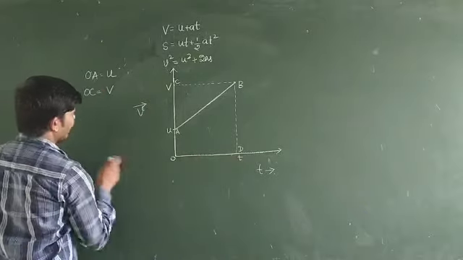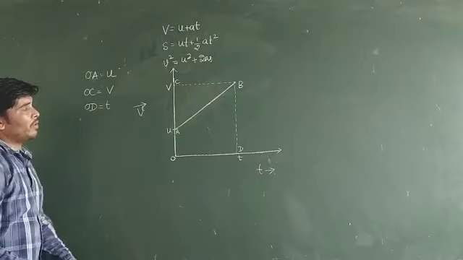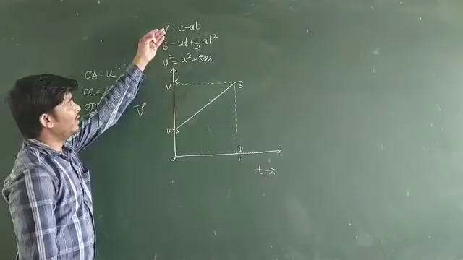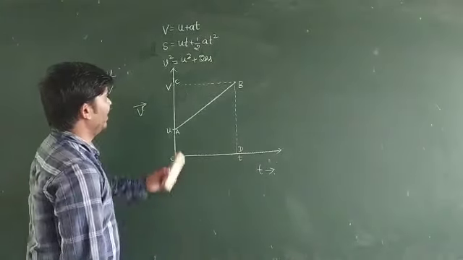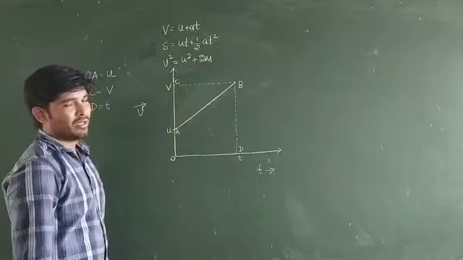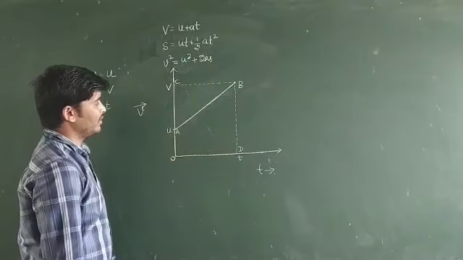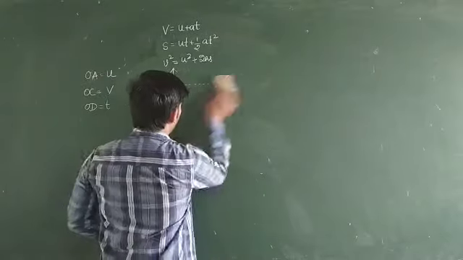Next, OD is equal to t. From this graph we are going to find out or derive the three equations of motion. First let's derive the first one, that is v equals u plus at, by using this velocity time graph.